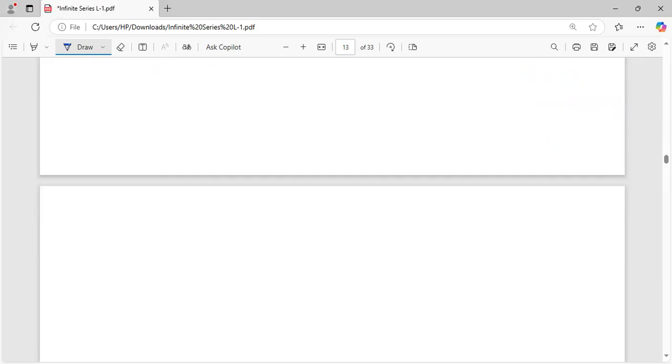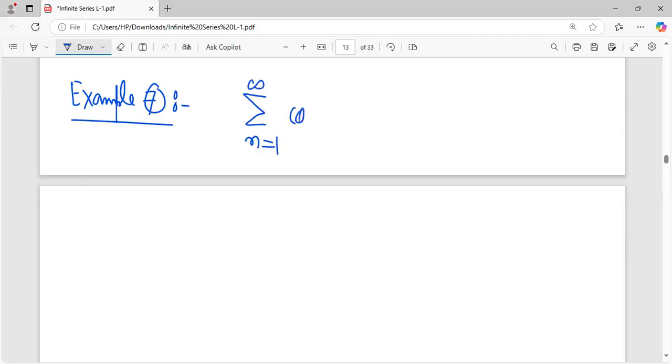So now this series, you see that, example 7, this series cos(1/n).